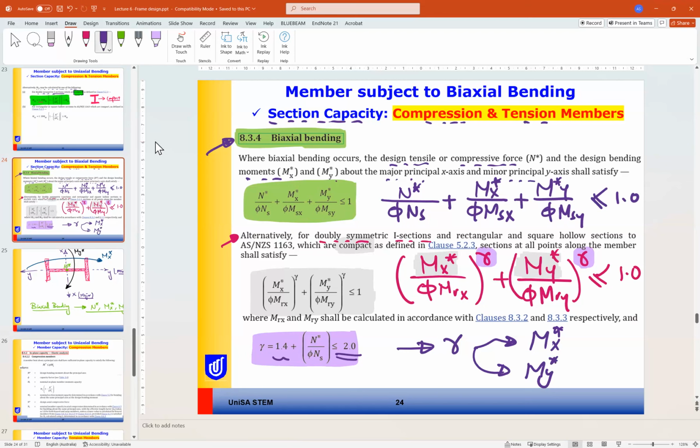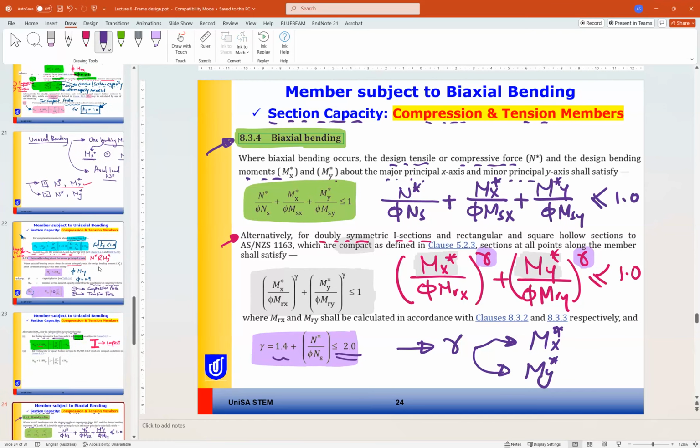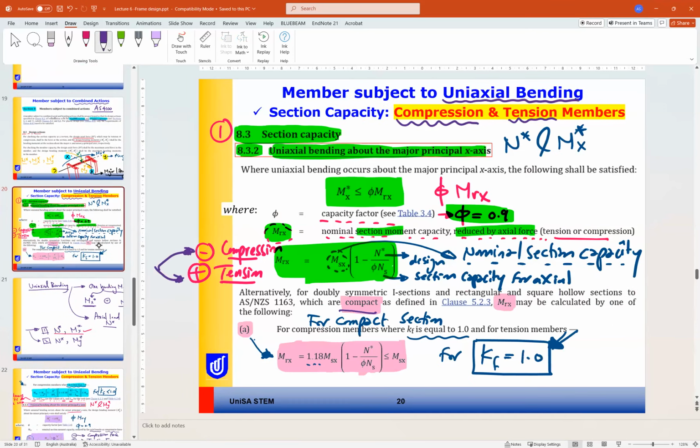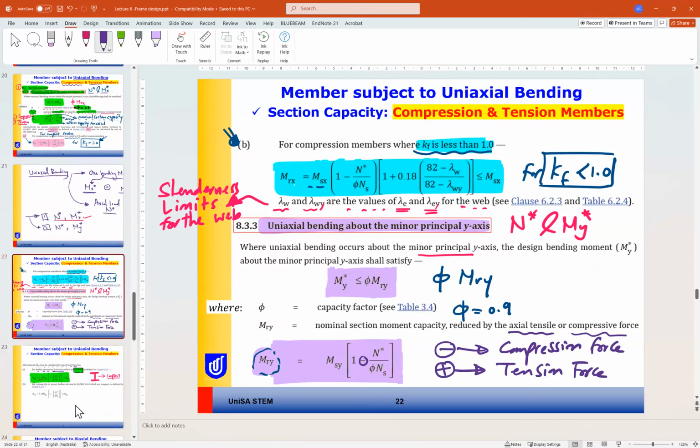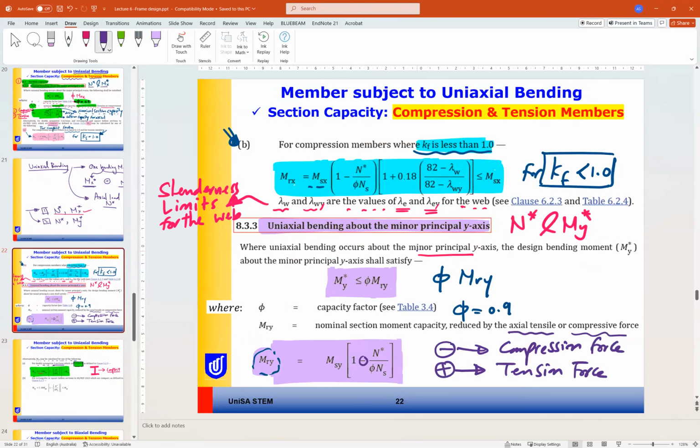So this is for section capacity for biaxial moment. If we go back, we have three cases for section capacity. One of them is uniaxial about the major axis, N and Mx. The second is uniaxial about the minor axis, N asterisk and My.